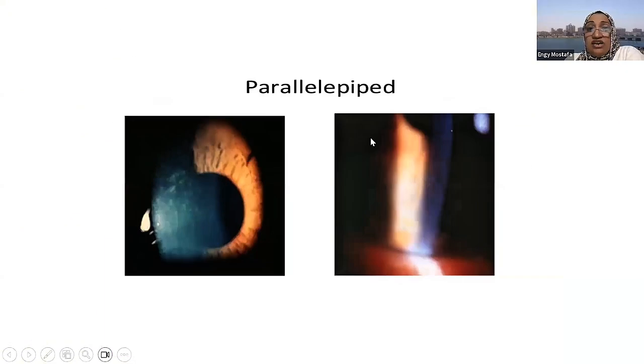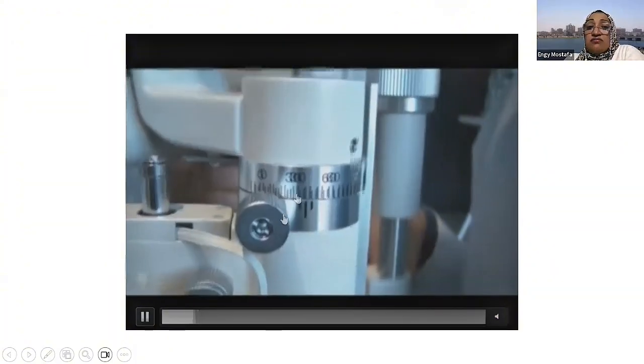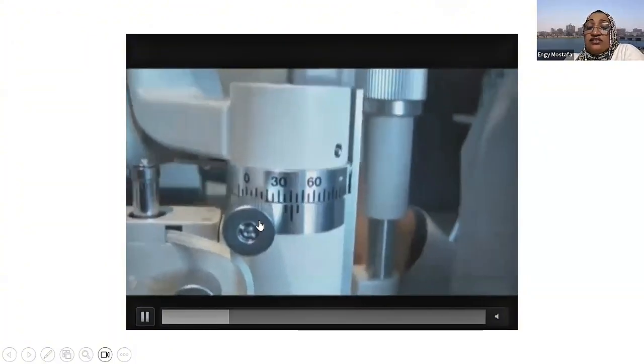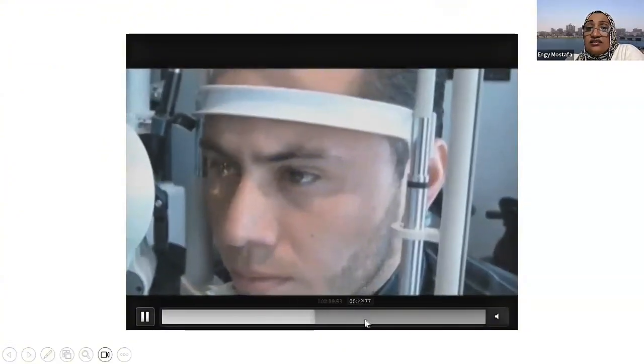So what do we use it for? Here's how we do it. It's like 3 to 4 millimeters, and the illumination system is 45 degrees from the viewing system, and we are looking at the cornea.